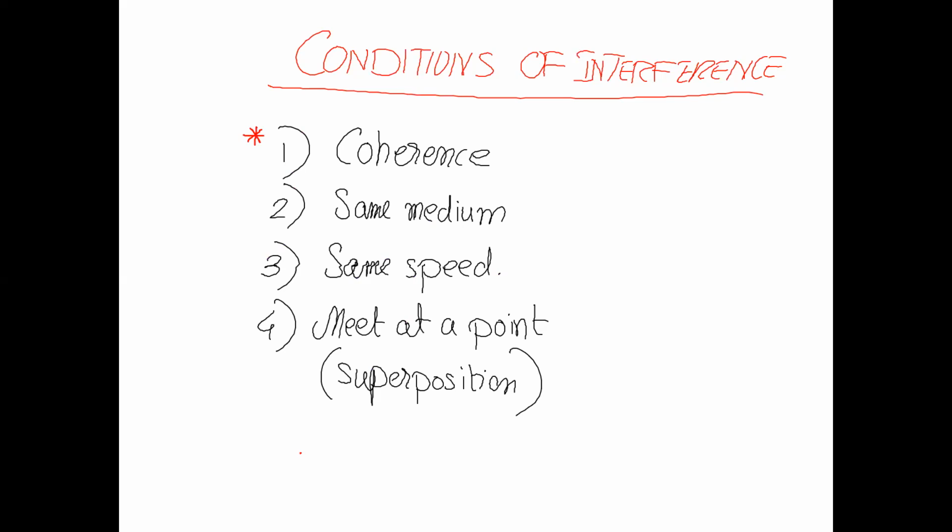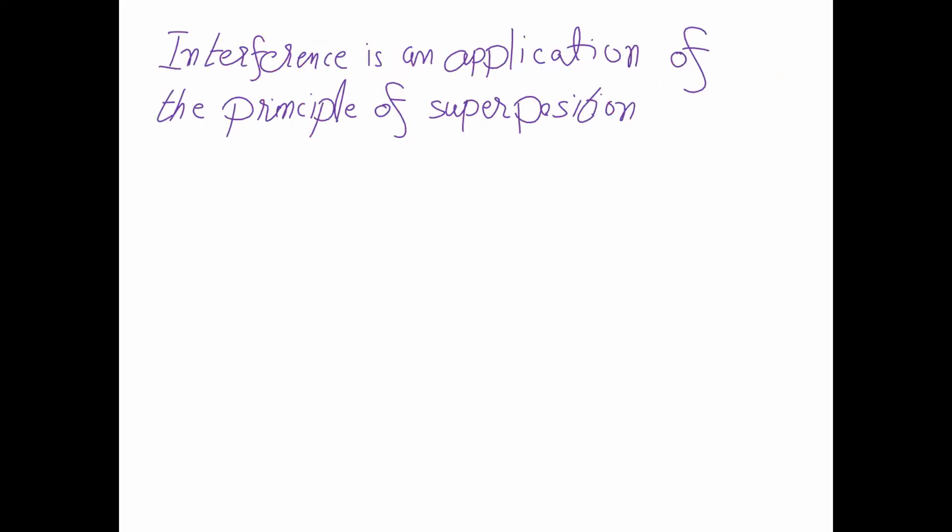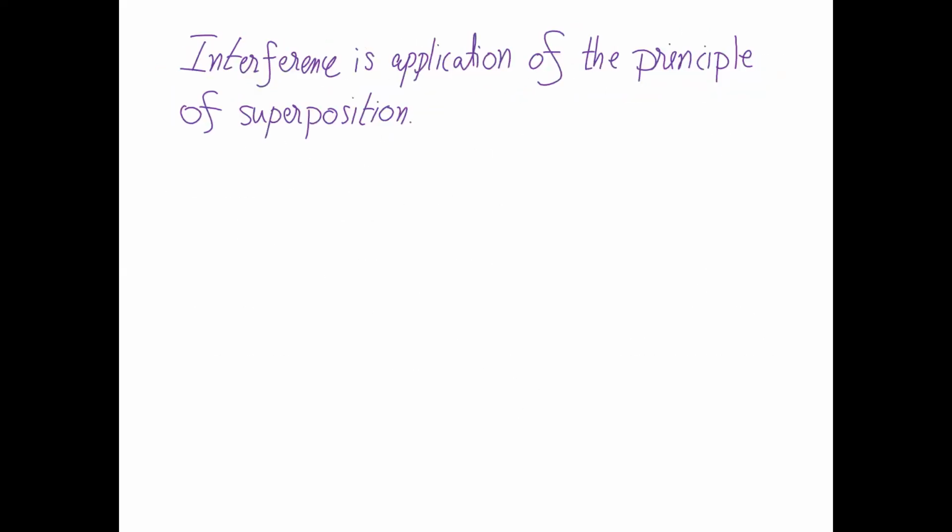These are the conditions of interference, and we were discussing that if they are not coherent, they won't meet each other side to side. Actually, if they are not coherent, they are just like two different sizes. So when you put a cap on a bottle head, the cap and bottle should be coherent. If they are not of the same size, the cap won't fit over it. So interference is an application of the principle of superposition.